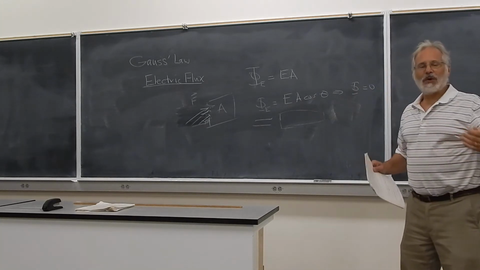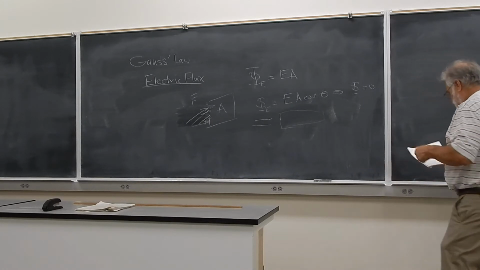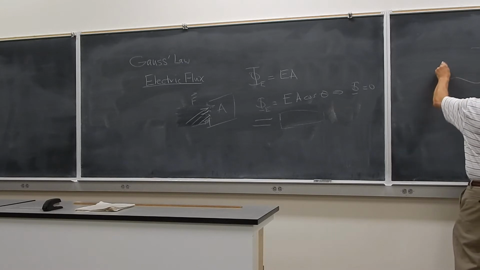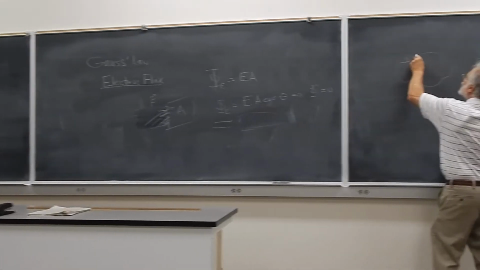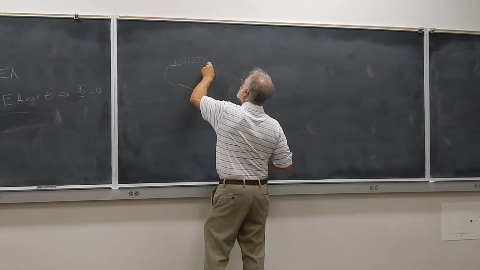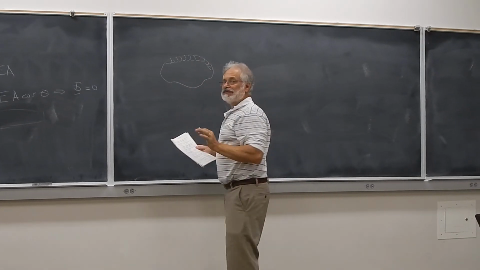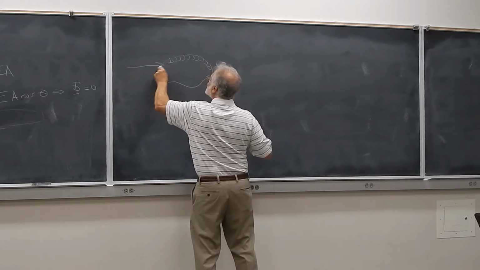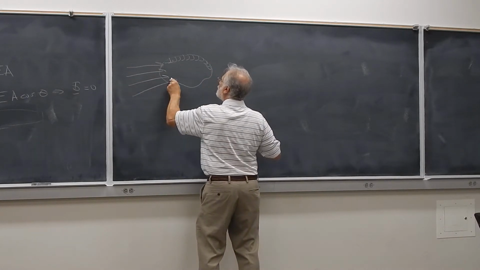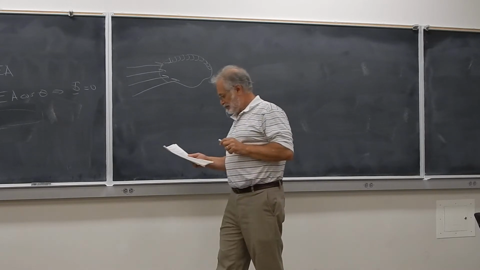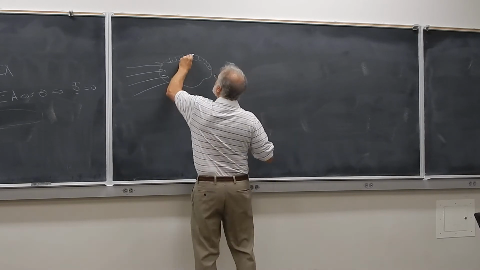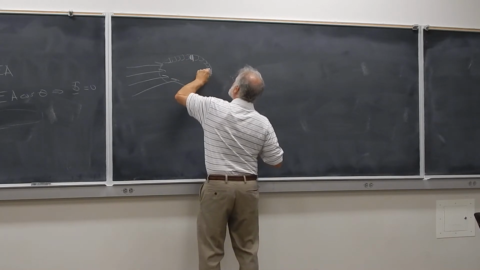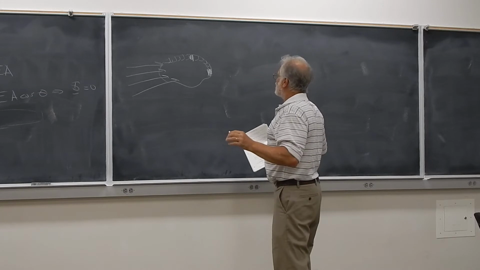Now there's a better way to quantify this, and we'll see this as we go along. Suppose I have some arbitrary looking geometry. What I'm going to do is divide the surface up into little elements. And I'm going to say if I have a field that's penetrating the surface, I'm going to look at particular area elements in the surface, and I'm going to say the following.